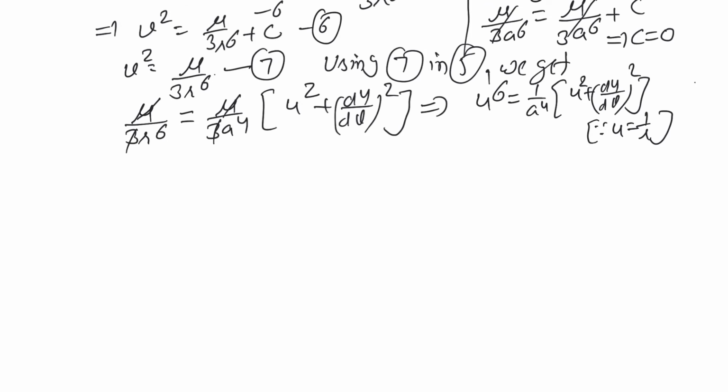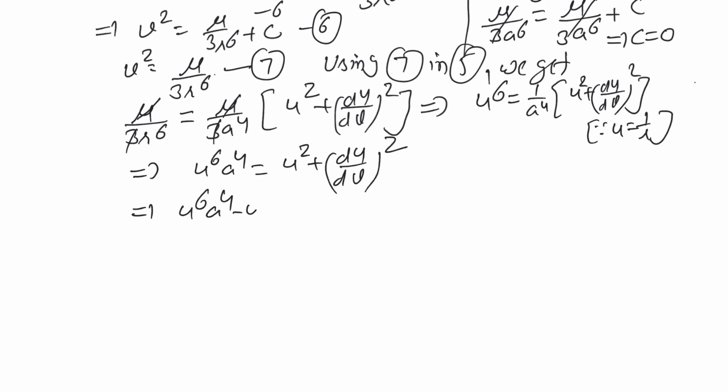Now this implies that u^6 a^4 is equal to u square plus (du/d theta) whole square. This implies that u^6 a^4 minus u square is equal to (du/d theta) whole square.